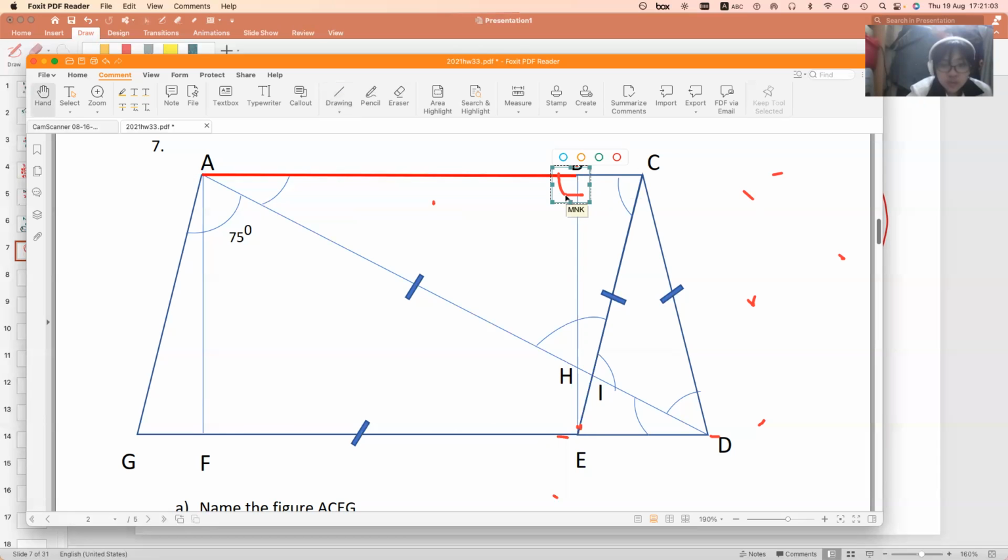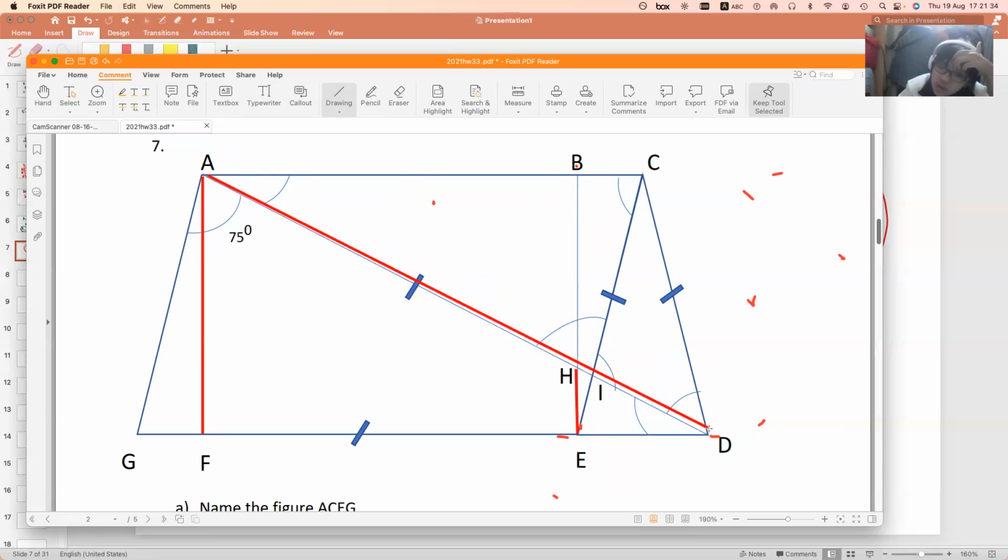Then where is the F in this question? Can you see the F or not? This one, no? Can you see the F? And then here, like this one.